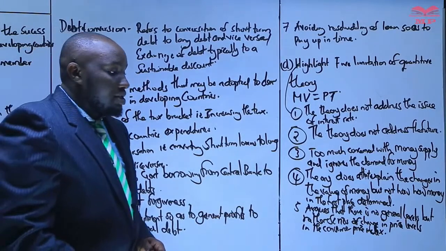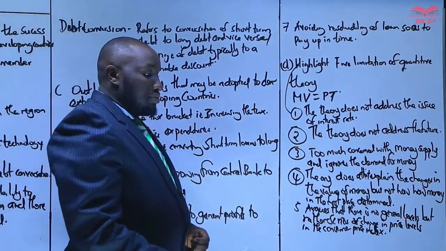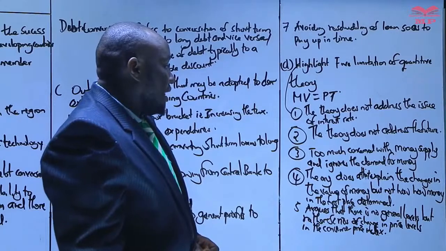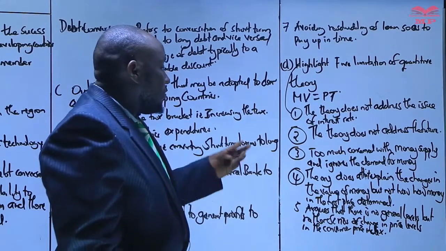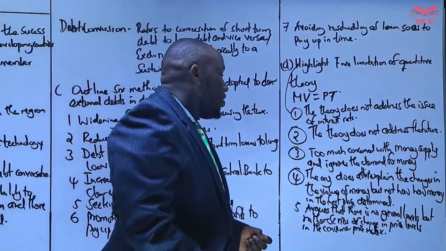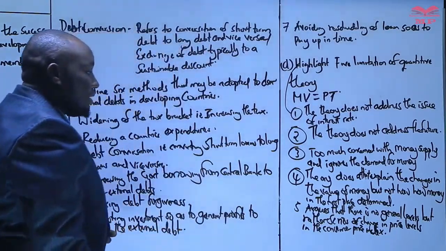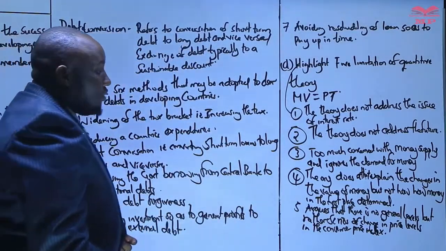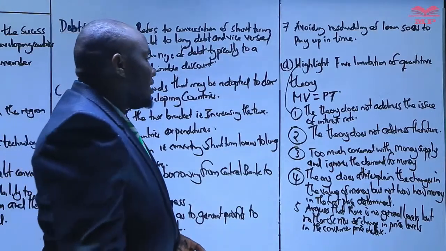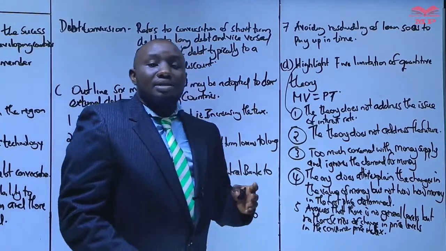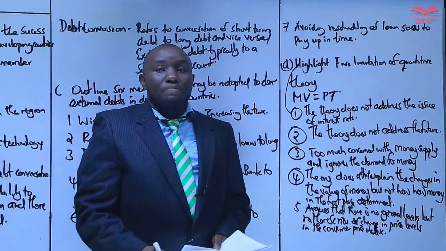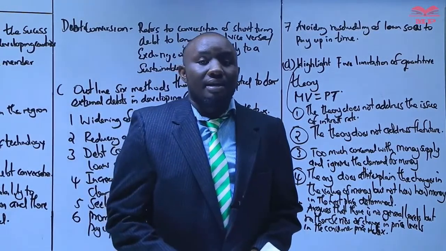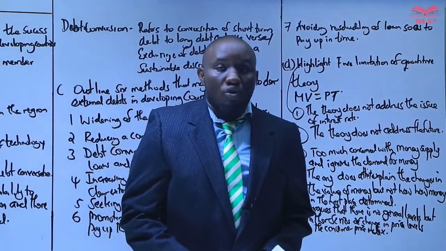We know that the theory attempts to explain the changes in the value of money, but does not address how money is in the first place determined. That is how we approach that very question. That marks the end of question 4.